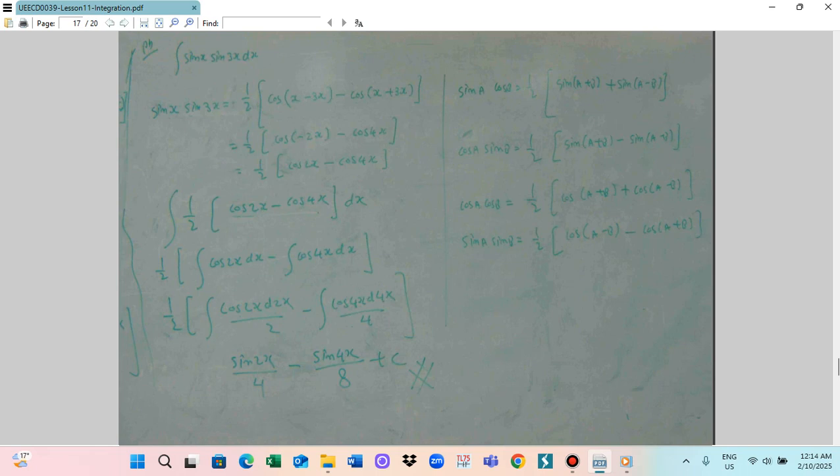So the cos integration is sin 2A by 4, and cos integration is sin 4A. So this is sin 4A by 8 plus c.